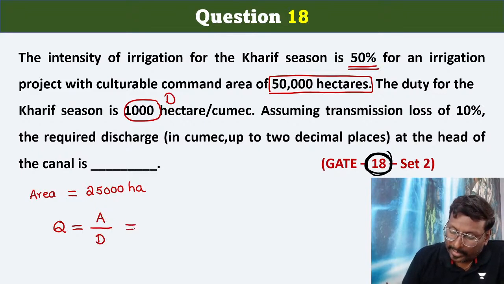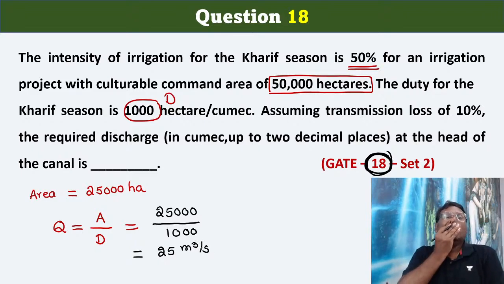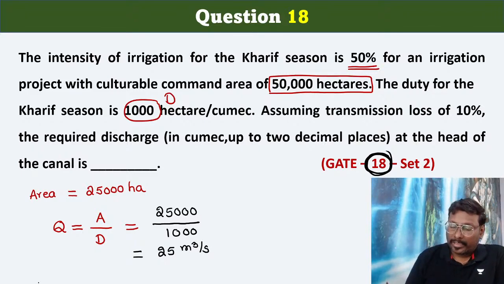Q is equal to A by D. 25,000 by 1,000. 25 meter cube per second.